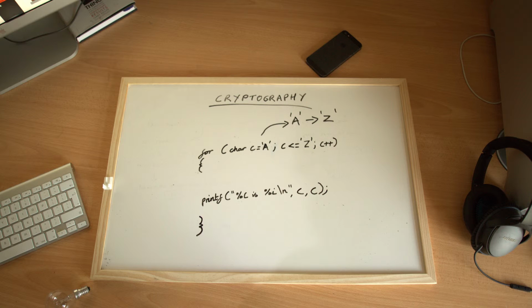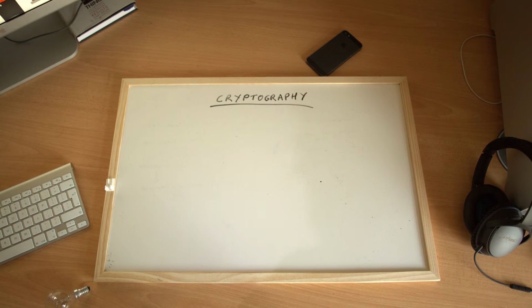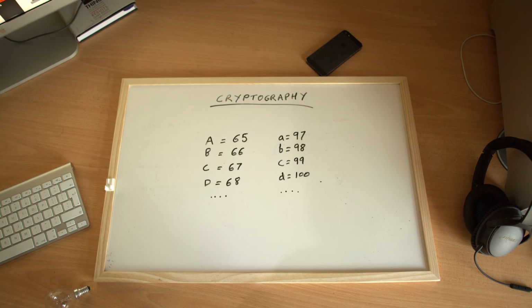Now you probably see how useful this is in manipulating information to encrypt information. And let's dive into that a bit more here. Now adding 1 to a character A does exactly that.